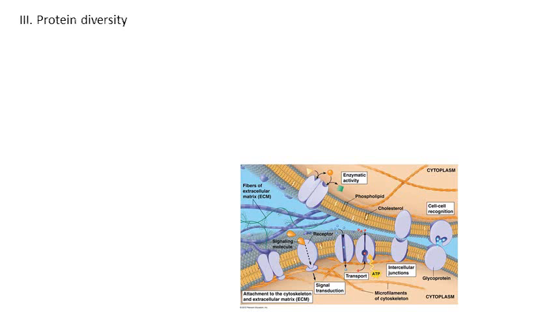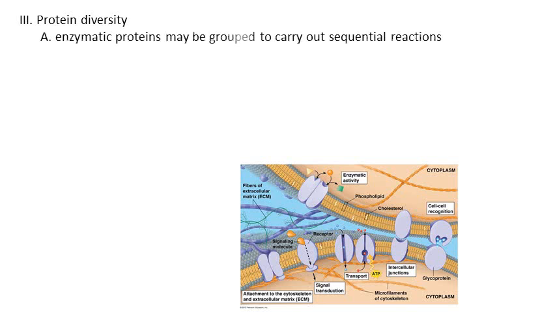Well, we've already noted there was quite a bit of protein diversity in those two cell membranes that we looked at on the previous slide, and we see that same picture here on this slide. We did point out the enzymatic proteins. Oftentimes they are placed in close proximity to one another, like we see here, so they can carry out sequential reactions.